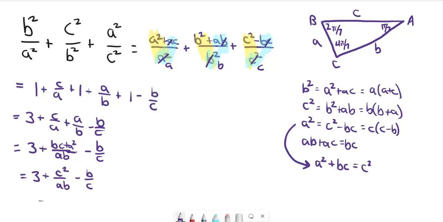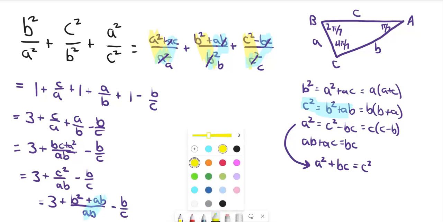Now what I'm going to do next is interesting from there. I have a c squared here. I'm going to replace c squared with its associated b squared plus ab terms. So we'll get b squared plus ab over ab, minus bc. Now you'll see why I'm doing that. Take a look here now. We have ab over ab, and of course, we have b squared over ab.